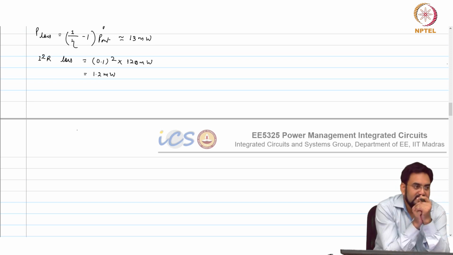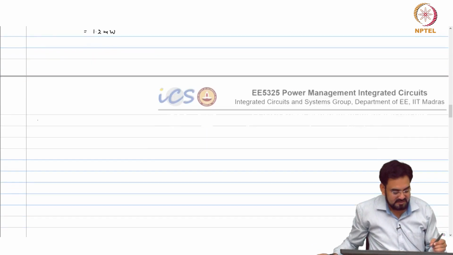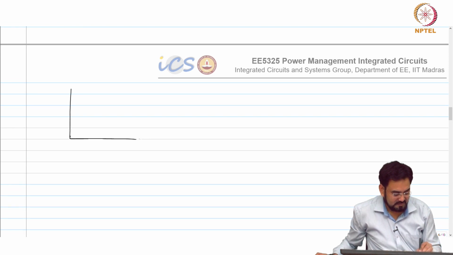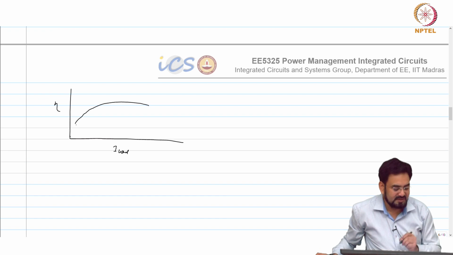If you still operate at the fixed frequency, you will see your efficiency curve will look like this. So if this is efficiency, this is I load. Usually this is how the curve looks.